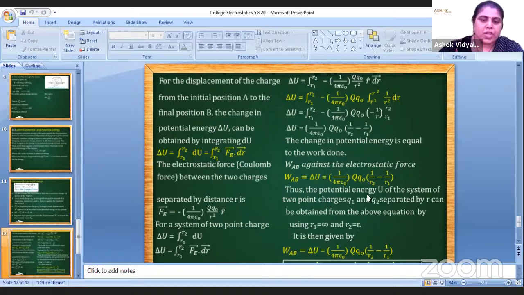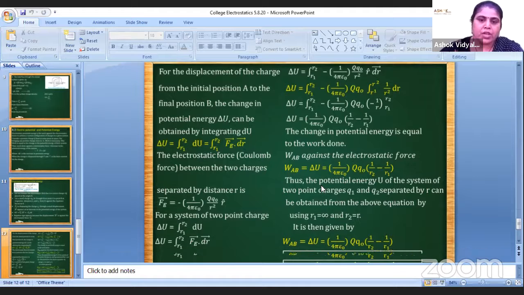Thus, the potential energy U of the system of 2-point charges Q1 and Q2 separated by R can be obtained from the above equation. That means, to obtain the equation, we got the formula for the work done, and simultaneously we got the potential energy.